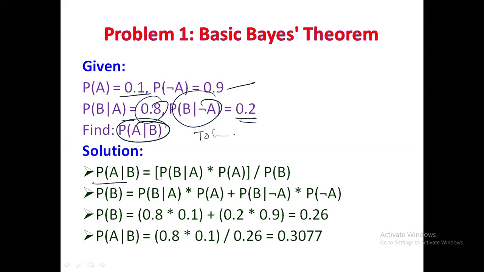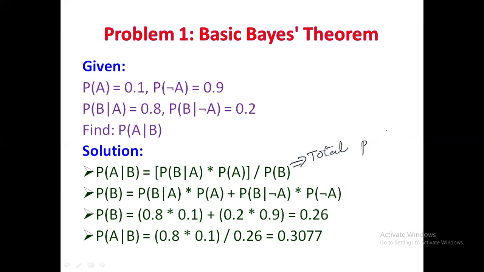So probability of A given B is equal to probability of B given A into probability of A divided by probability of B. For the probability of B, we have to use the total probability value. We have seen this already.